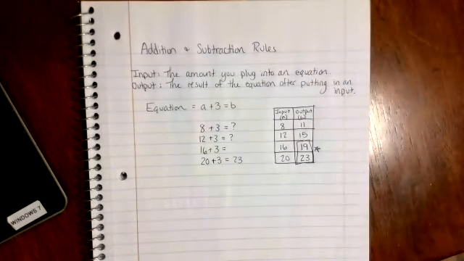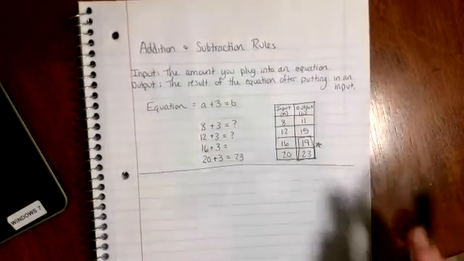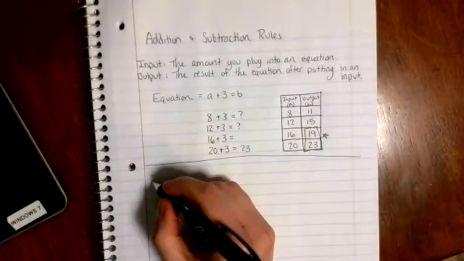Okay, what if I'm looking at a table and I have to figure out an equation? If I only have the table and I need to figure out an equation, let's look at a new example, a horizontal example.